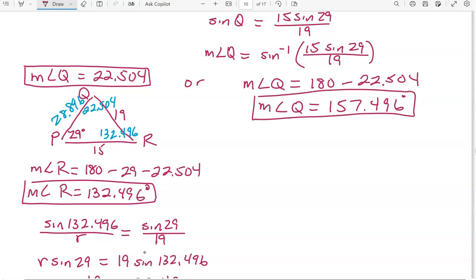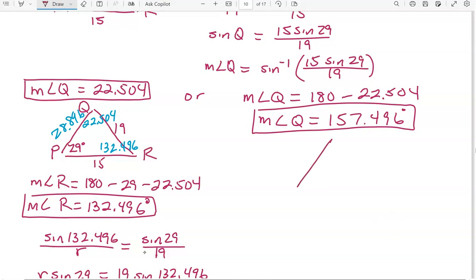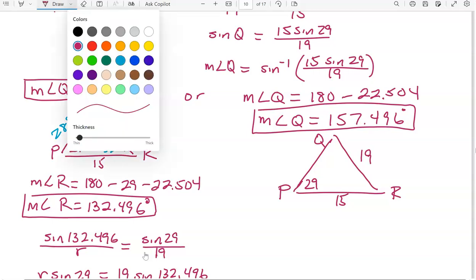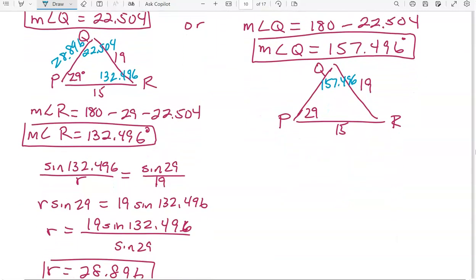So there's our first part of the second solution. I'm going to recopy our diagram, P, Q, R, insert the given information, and then insert the first angle that we found in solution 2. So our first angle that we found in solution 2 was measure of angle Q is 157.496. Now remember that once you have two angles, the third angle is very easy to find.